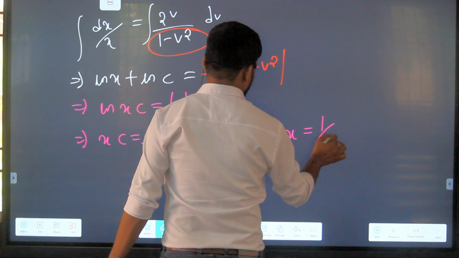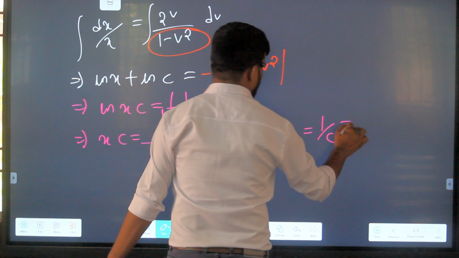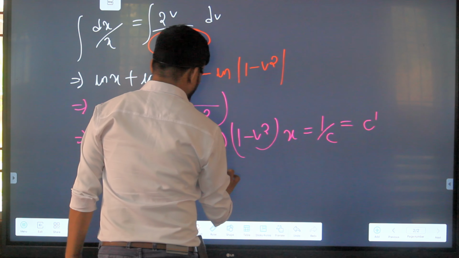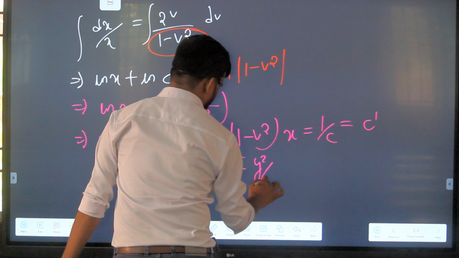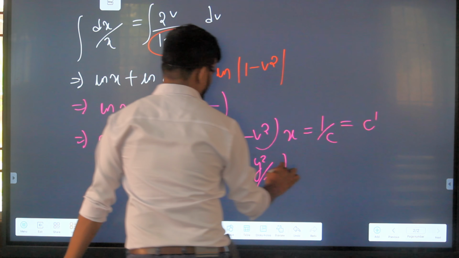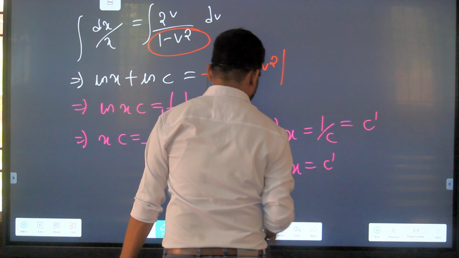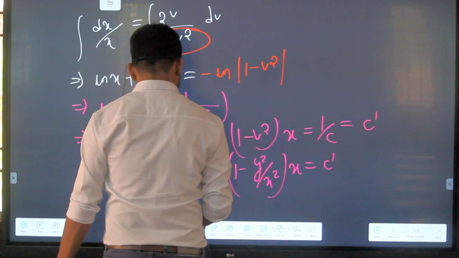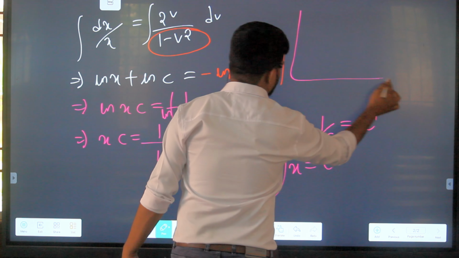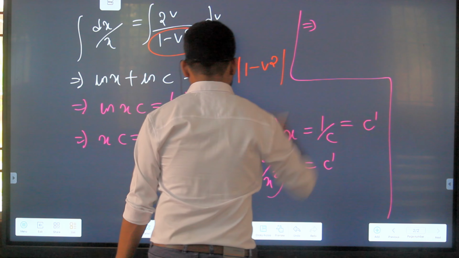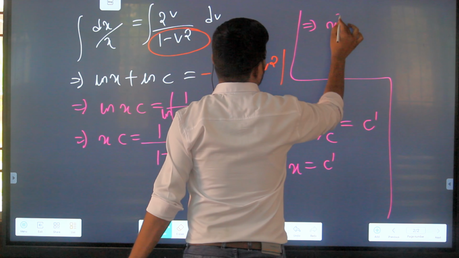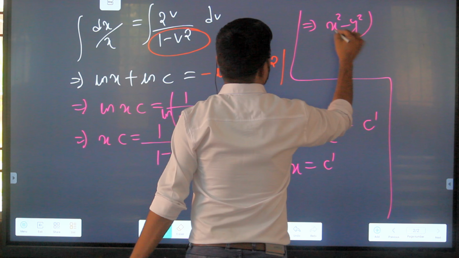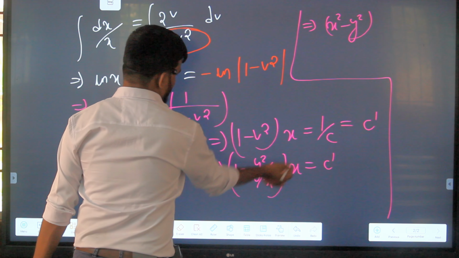C I can bring here as 1 by c. 1 by c is nothing but c dash. So what is the value of v square? v is y by x. This should be 1 minus y square by x square, into x, is equal to c dash. So this implies I take x square common, so this will be x square minus y square over the denominator x square, and x square cancels.